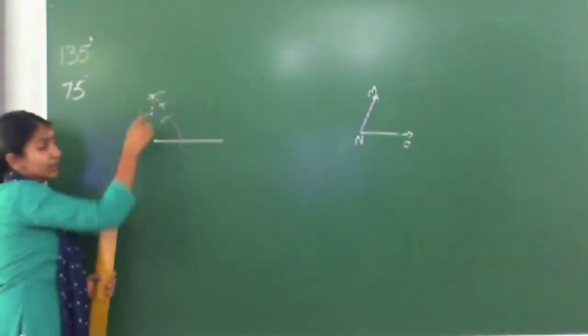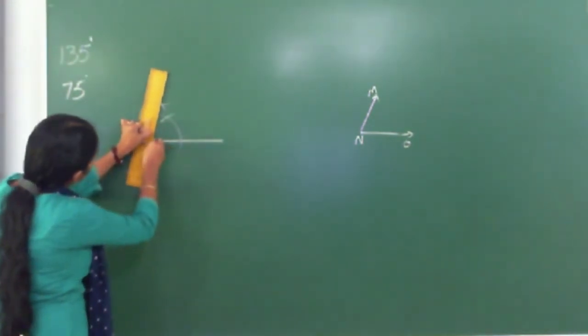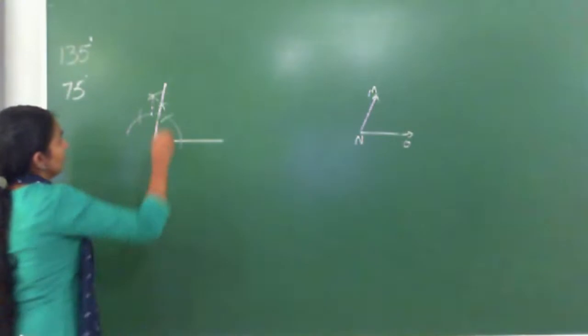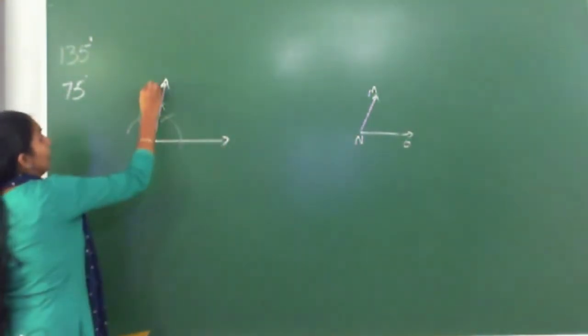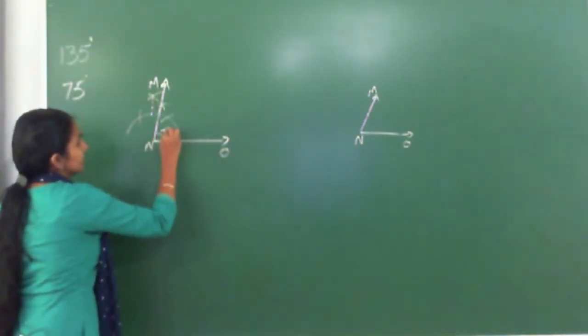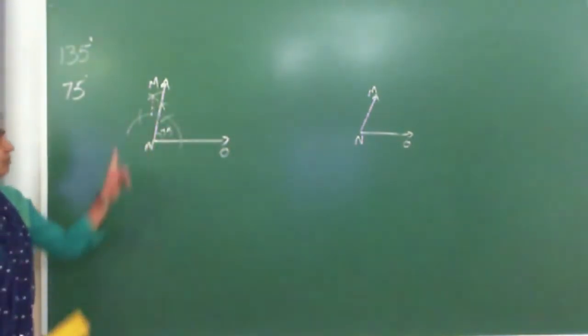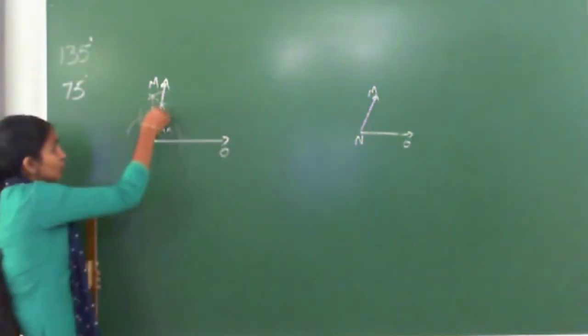We got it, now we can join with this vertex. This is the required angle MNO and it is 75 degrees. 60, 120, 90: if you want, you can join it till this.